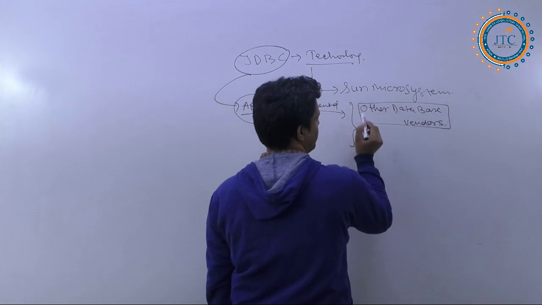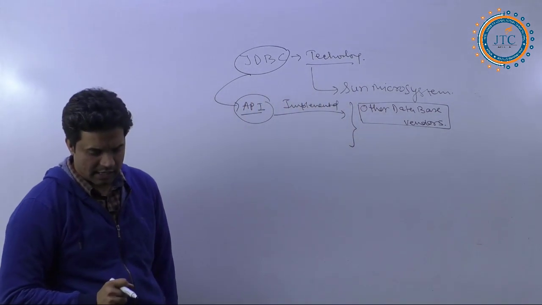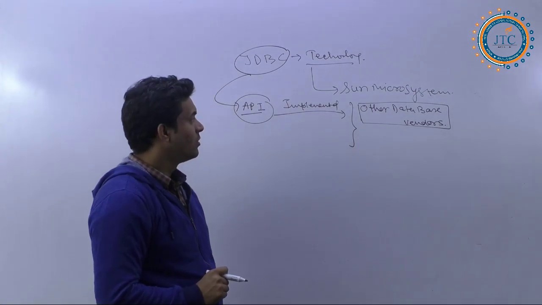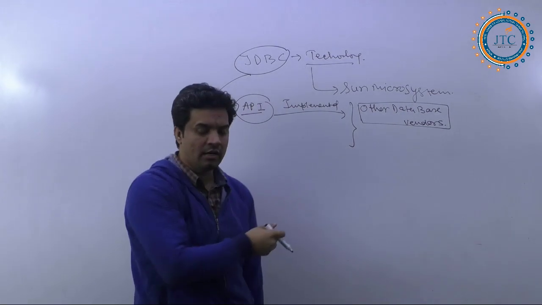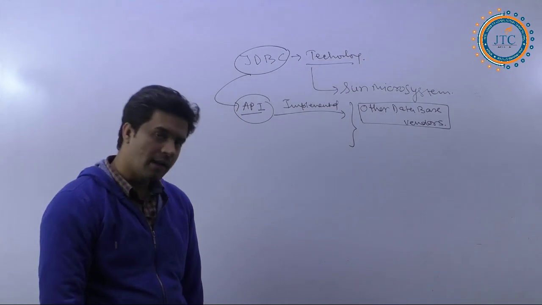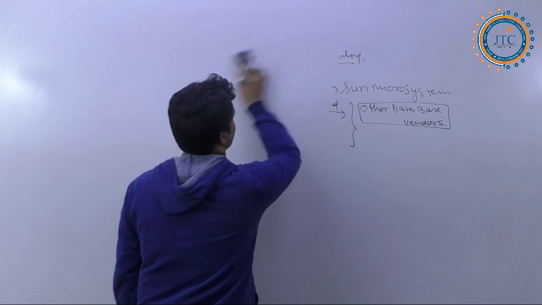Are you getting my point? This has been implemented by other different database vendors. Fine. So that API we need to understand, which is the API, how we are going to use it, what are the uses of all that API. Let's talk about that corresponding API here. Fine. Okay.